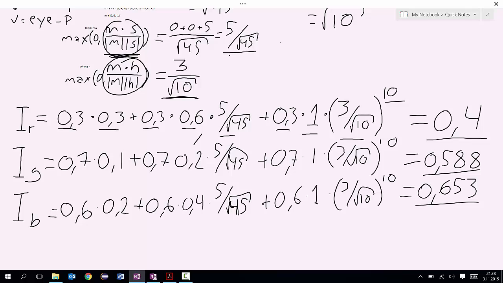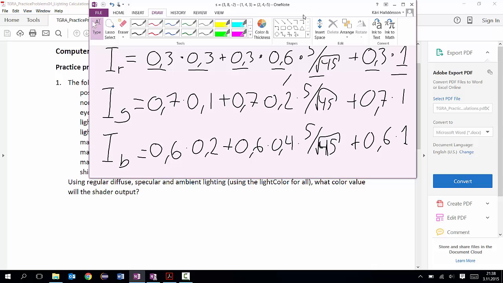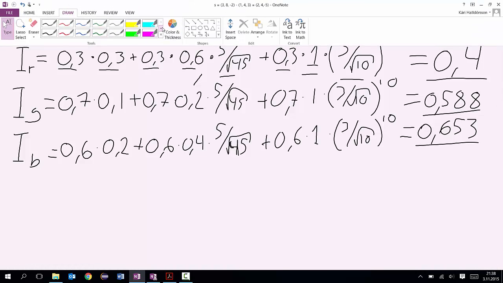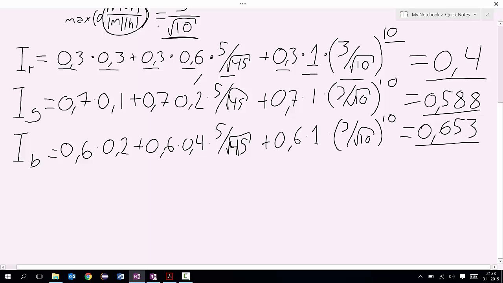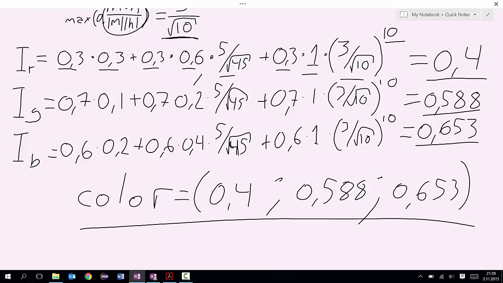But in the end, we can now say that our red, green, blue color equals 0.4, 0.588, and 0.653, and that's our final answer.